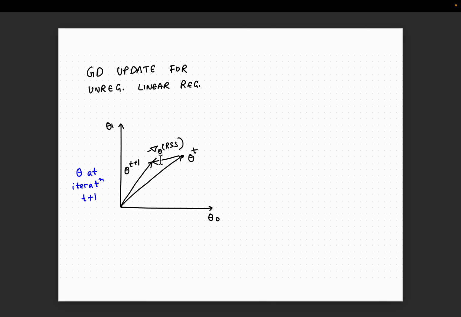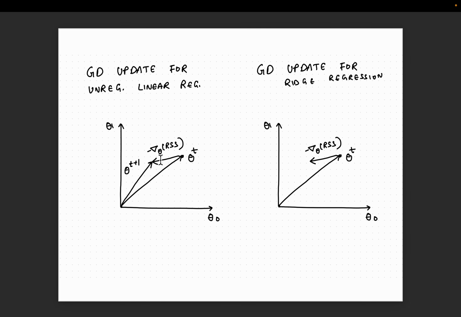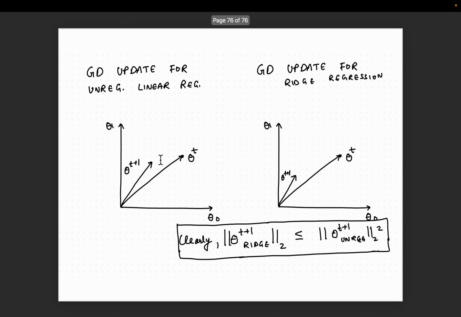This is unregularized regression. In regularized regression or ridge regression, L2 regularized linear regression, everything is the same. You start with theta t, but then you scale down theta t by a factor of (1 minus 2 alpha mu I). So you have scaled it down, as a consequence of which the theta t plus 1 which you obtain would always be lesser in its L2 norm compared to if you were not using regularization.